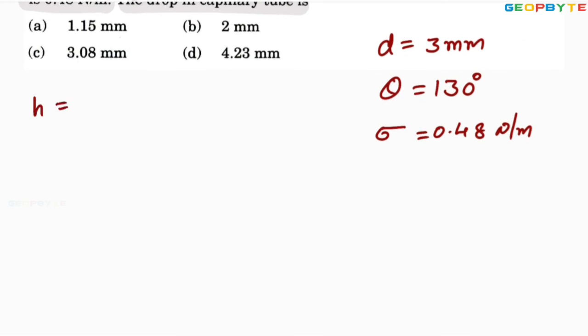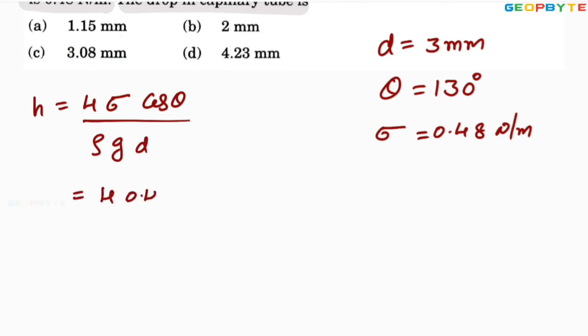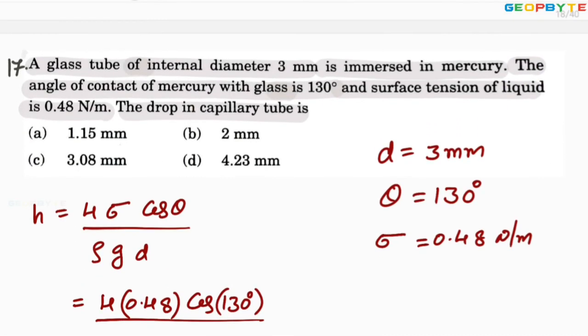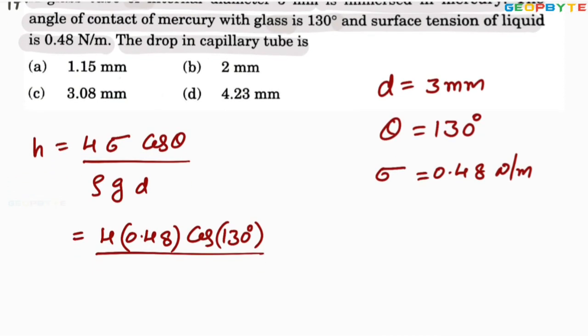Your capillary height H equal to the formula 4 sigma cos theta by rho g d. It is equal to 4 sigma, given 0.48, multiplied by cos 130 degrees, divided by the density of, is it the water which is given in the problem? Mercury. So the specific gravity of mercury equals the density of mercury by the density of water.